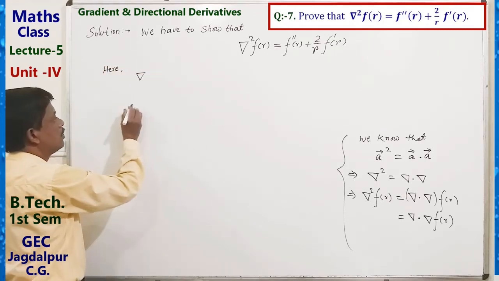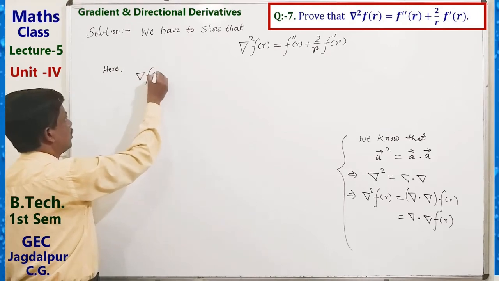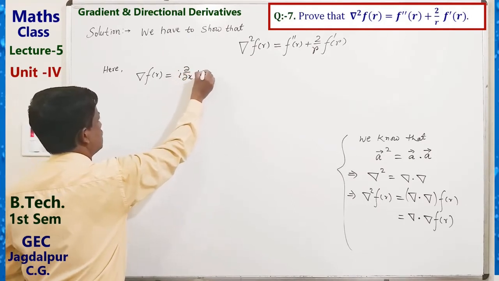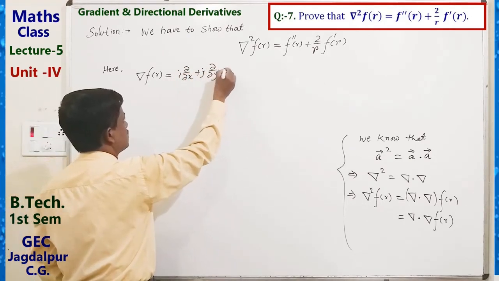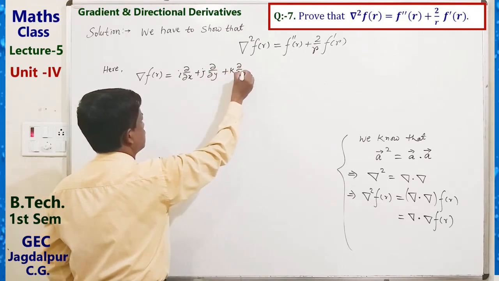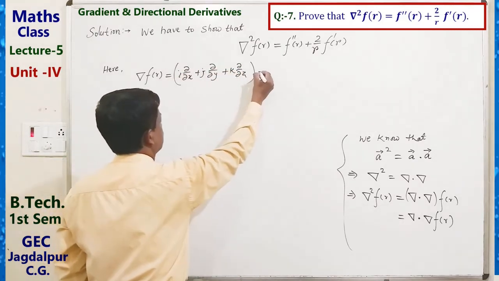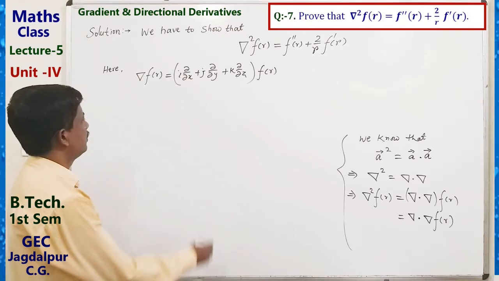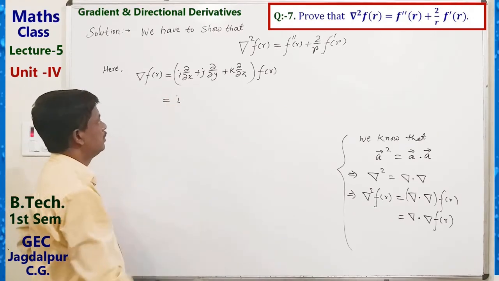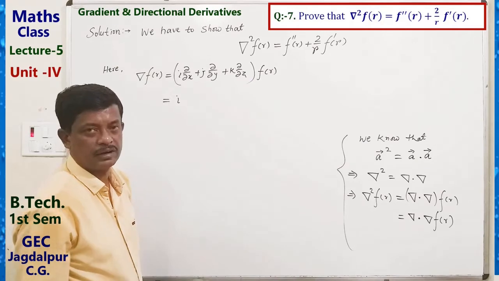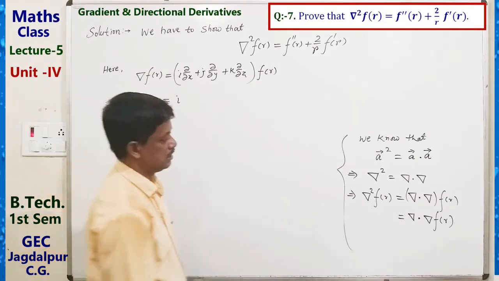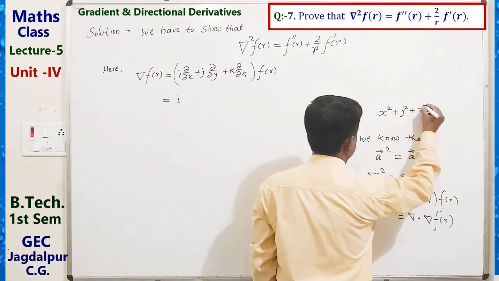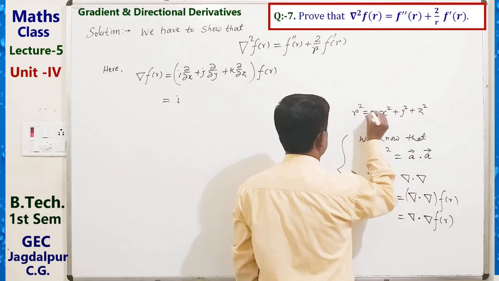Okay, this relation. So here del f of r means i del by del x plus j del by del y plus k del by del z of f of r. Clear? Now i del by del x of f of r: r is also a function of x, y, z. Here x square plus y square plus z square equals r square.